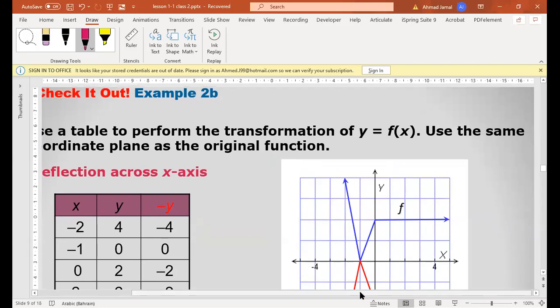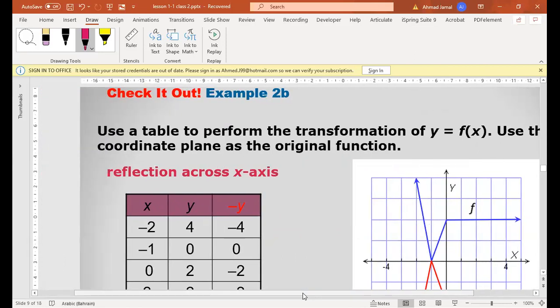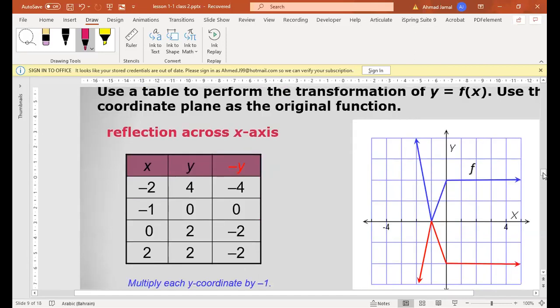I have now another exercise. Check it out. Example 2b, page 8. Okay, check it out, 2b. Here, if we have reflection across the x-axis, before reflection I will use the opposite operation, the opposite sign.